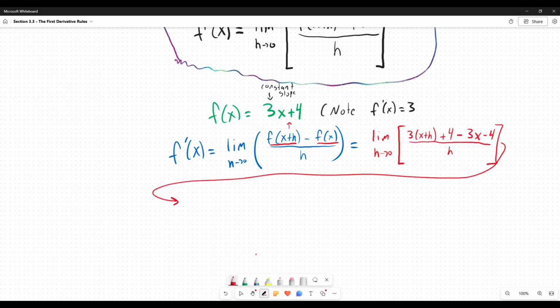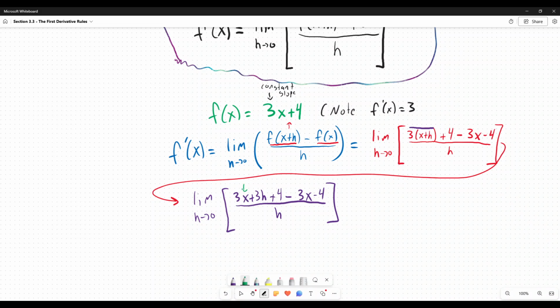Now, we're going to expand out this 3 times x plus h term as 3x plus 3h plus 4 minus 3x minus 4. And just like the last time we took a look at these derivatives, something really important has happened.